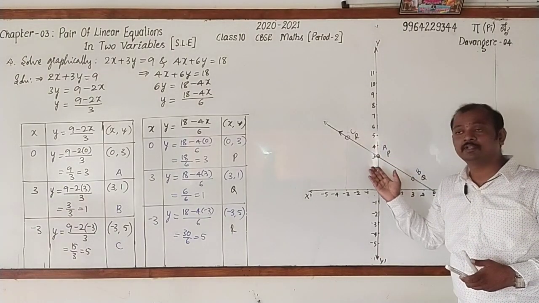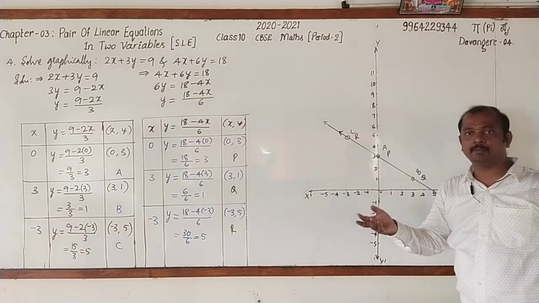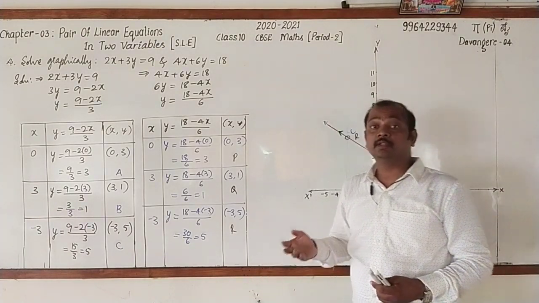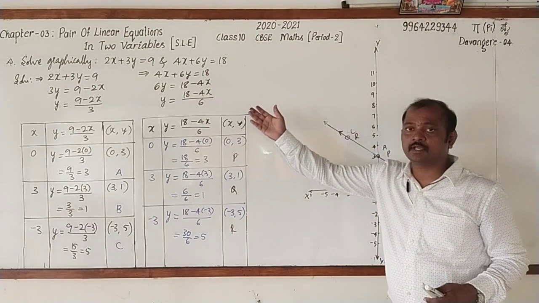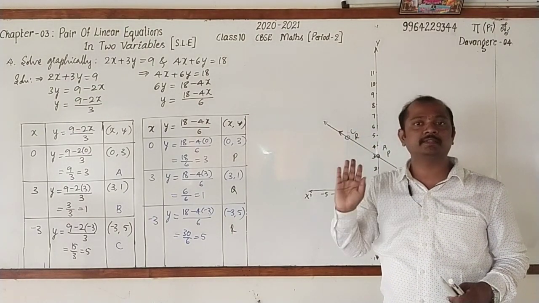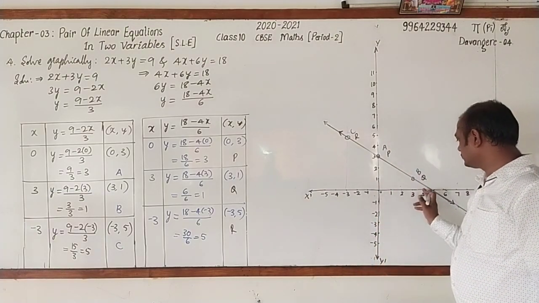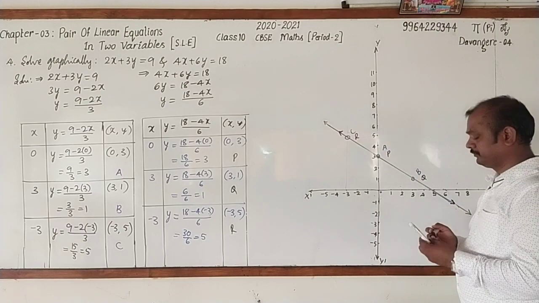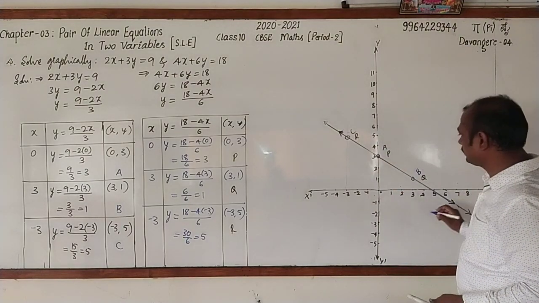At how many points? Here you can see 3 points, but plenty of more than 3 points will also be there. Hence, what do you say about the solution? So, the given equations have infinitely many solutions. Clear? Here, this is the blue one. The blue one is the graph of the first equation.